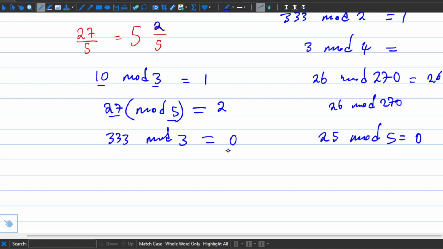Now, they are big numbers. So suppose you have a number like 2 to the power, let's say 4, 7, 20. Now, doing this by hand will be very tedious. And if you're using a calculator, I think it would bring like math error or something.